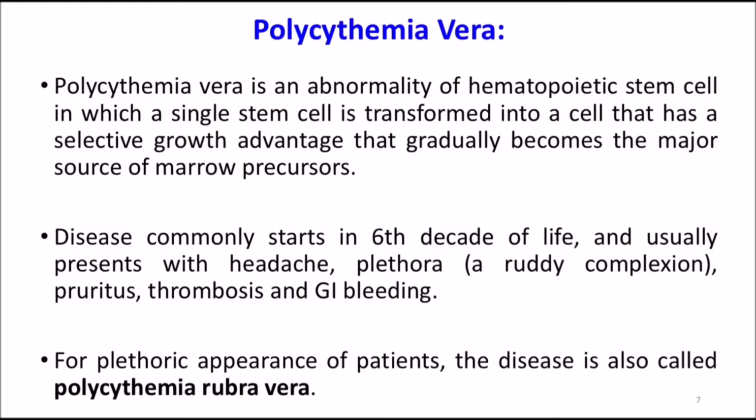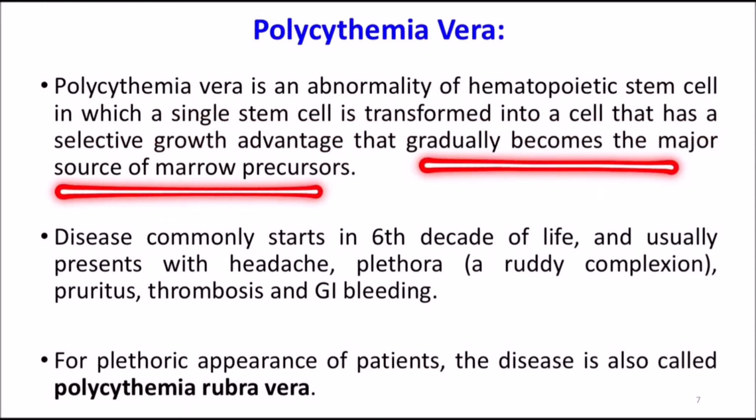One condition you have to know is polycythemia vera, which is the primary form of polycythemia. It is an abnormality of hematopoietic stem cells in which a single stem cell is transformed into a cell that has a selective growth advantage and gradually becomes the major source of marrow precursors.